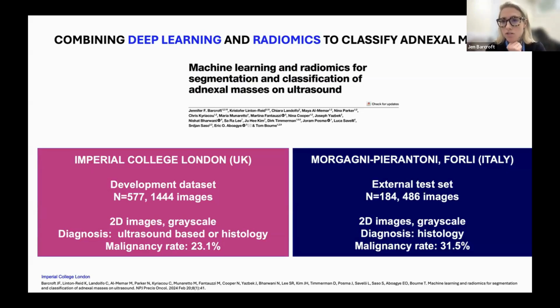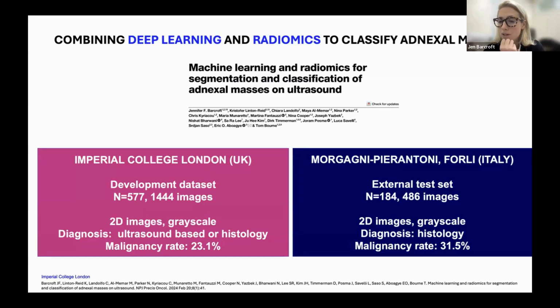And as I said, they had an ultrasound-based diagnosis or a histology diagnosis depending on the underlying diagnosis. We had a malignancy rate of 23%, which is not typical. Nearly a quarter of masses being cancers is clearly high, but we are in a tertiary centre, so we have a higher proportion of malignancies within our data set than you might find in a low risk setting.